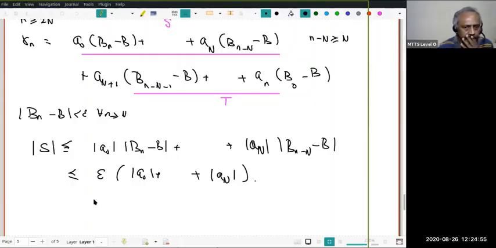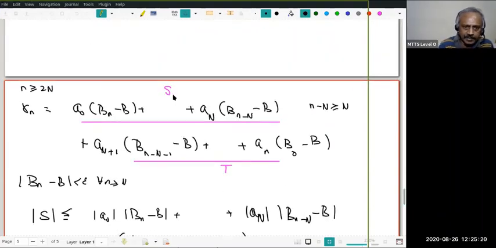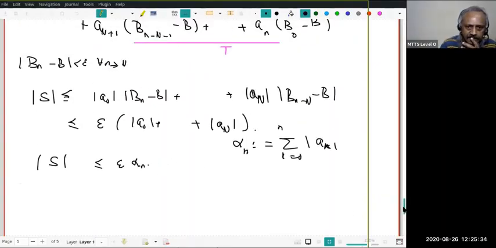Let us look at alpha n, the partial sum of the series mod ak, k equal to 0 to n. That is what I call alpha n. Therefore, the estimate for S is less than or equal to epsilon times alpha capital N. To be precise, I should write S suffix N, T suffix N, but I am not doing it.